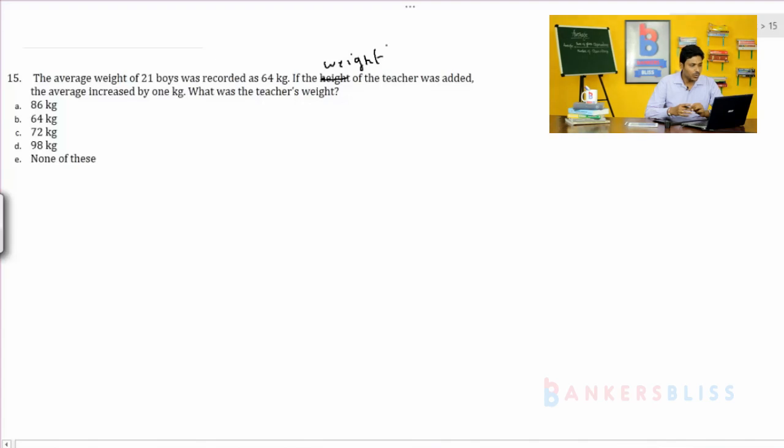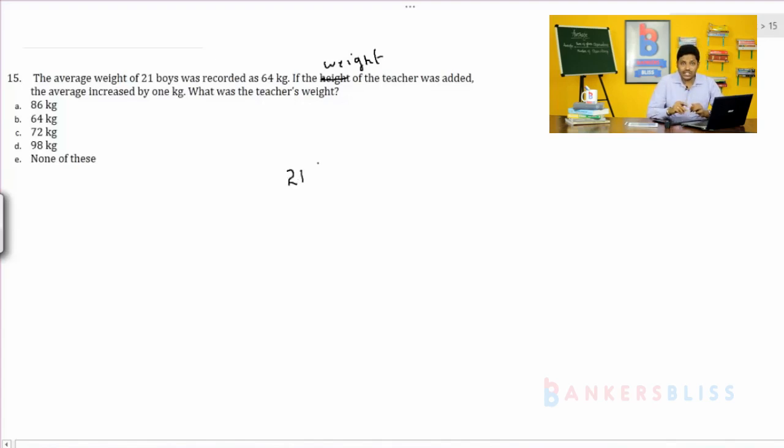Let me teach you the sharing methodology. The average weight of 21 boys was recorded as 64. If the teacher is included, the average weight is going to increase by 1 kg. Means each and every person is going to get 1 kg extra. 21 boys, so 21 kgs extra. So 1 boy, 1 kg. So altogether 21 boys, 21 kgs.